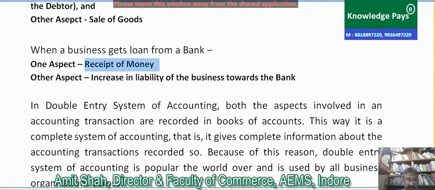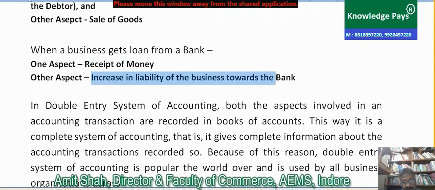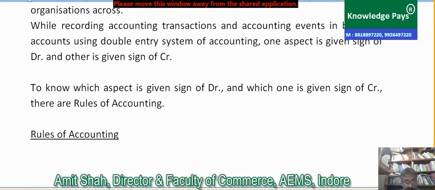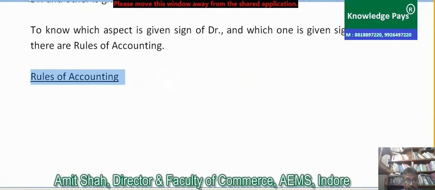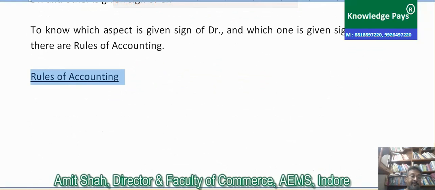Like here, should I give sign of debit to this and sign of credit to this, or the other way around? To know this, one must know rules of accounting, and this is the core of accounting. If you do not know rules of accounting, you know nothing in accounting. And if you know rules of accounting, you know half of accounting. So this is how it is very important, guys. Rules of accounting.